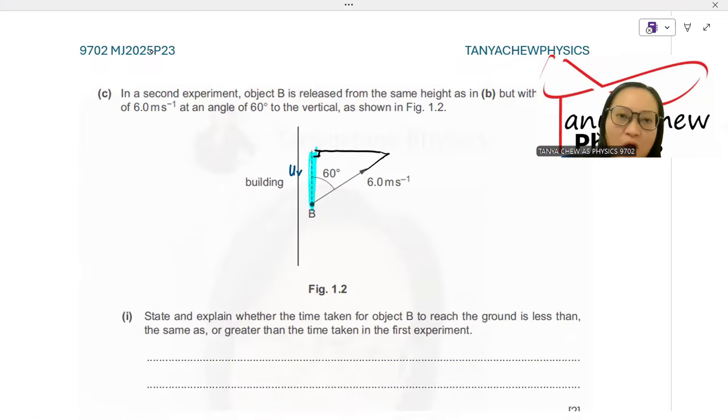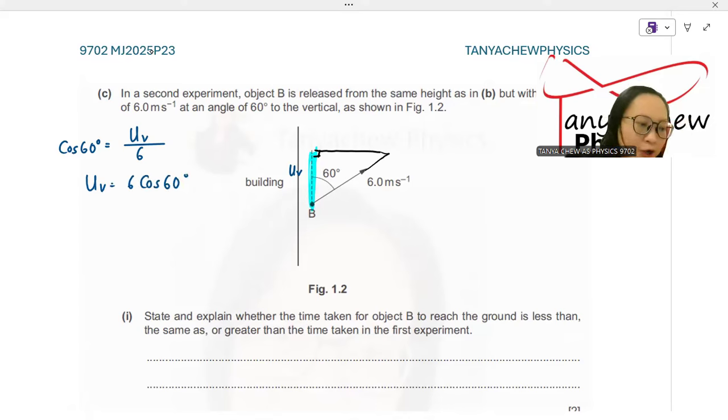So you have to resolve your initial velocity into vertical direction. This is adjacent, cos 60 degrees is equal to u in vertical direction divided by 6. So u in vertical direction is 6 cos 60, and I got 3 meter per second, which is lesser.